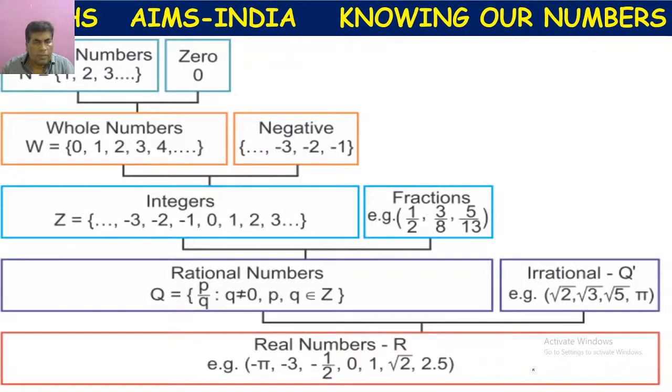Next, before proceeding into the numbers, let's see the types of numbers. We have to first understand the types of numbers. Whenever we want to count the number of objects given to us, the counting numbers start from 1.